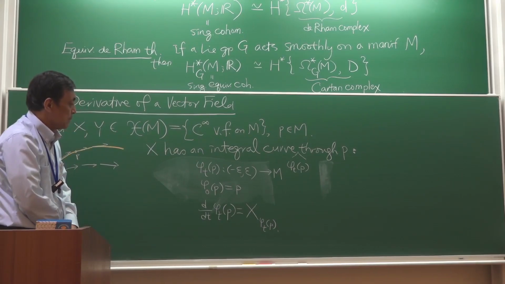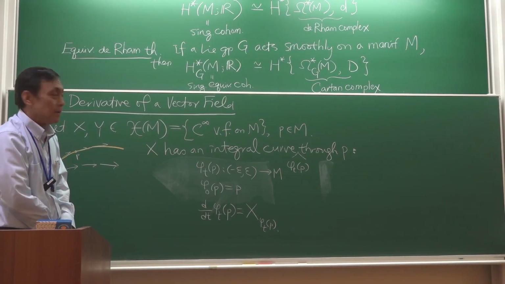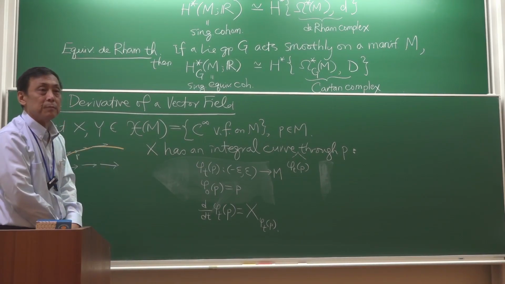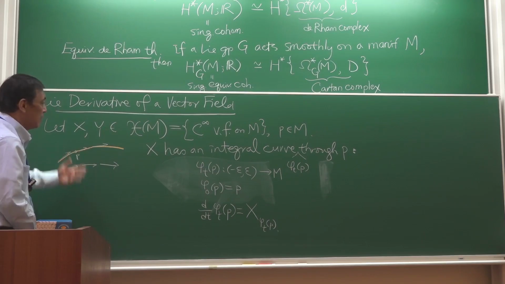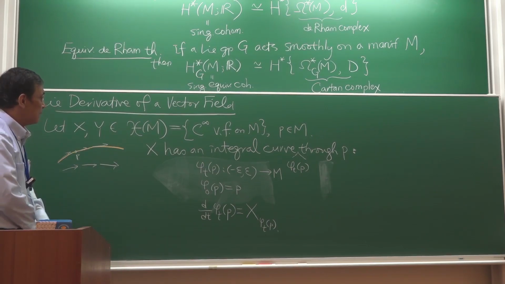Okay. So that's the integral curve through p. Right? So it's a curve that looks like this.